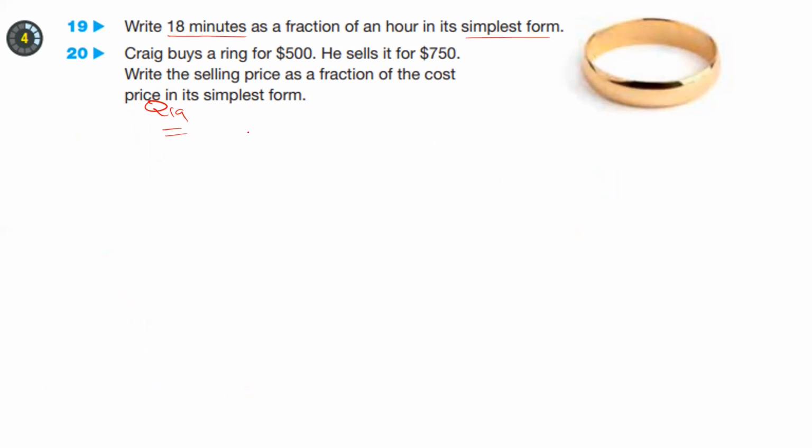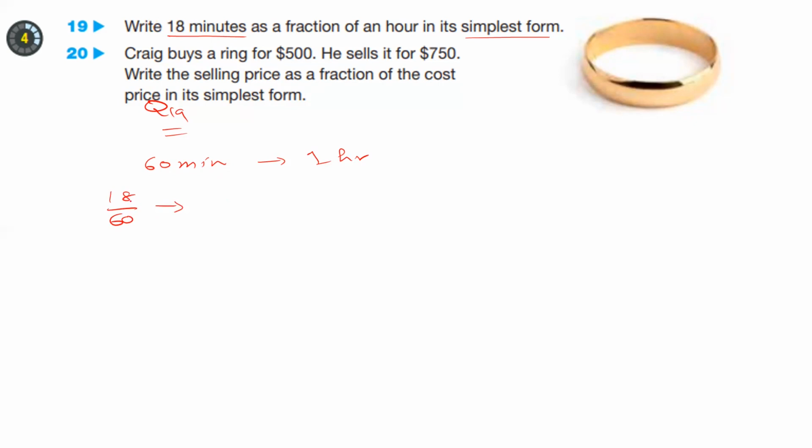As we know how many minutes there are in 1 hour, so here 60 minutes in 1 hour. So it means we have to divide 18 minutes by 60 to get the fraction. So 18 upon 60 and we shall convert it into the simplest form.